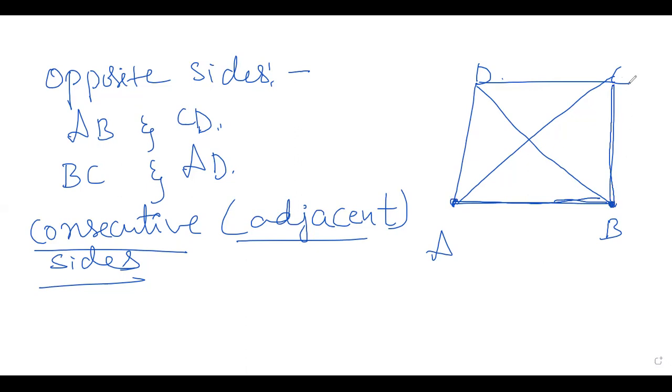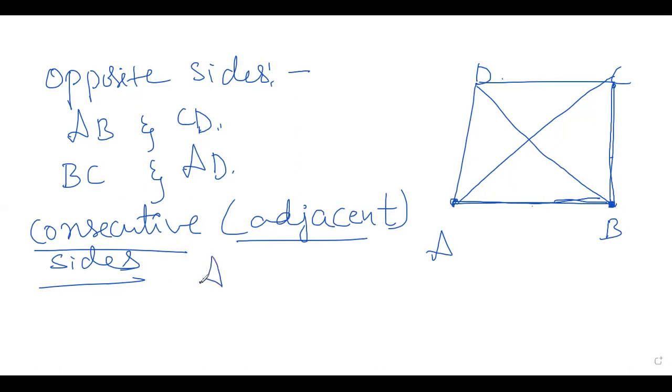See, B is common for both line segments. AB ends at the point B, and this line ends at the point B. See, B is common for both the sides. Understood? So these are called consecutive sides or adjacent sides. Consecutive means one beside the other. Two line segments with a common vertex are called consecutive sides.